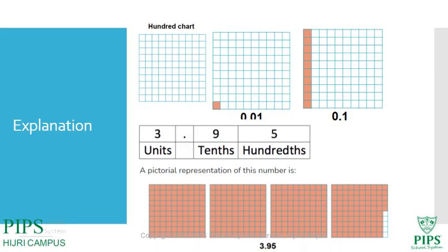This is shown as a pictorial chart representation below the value. You can see the 3 boxes are colored, and the 4th box is colored till 9.5. This is how we can explain our value in the pictorial chart.